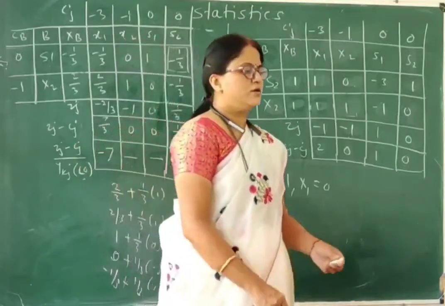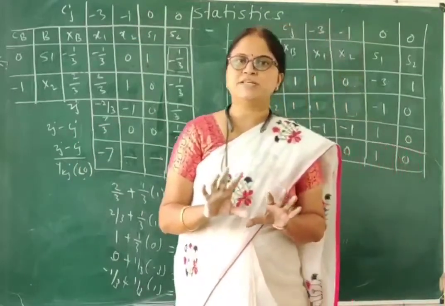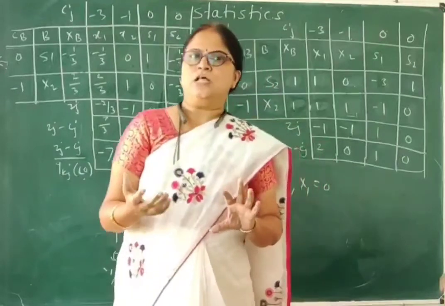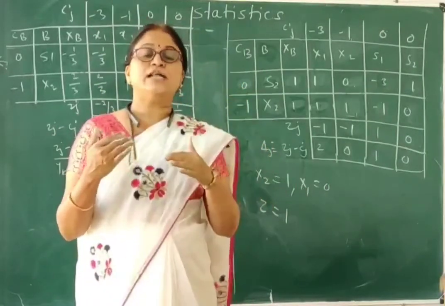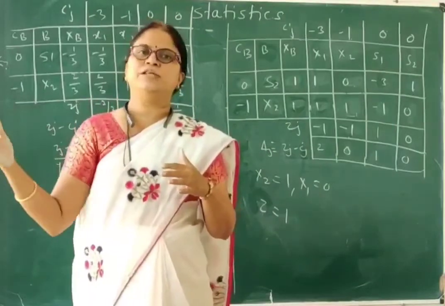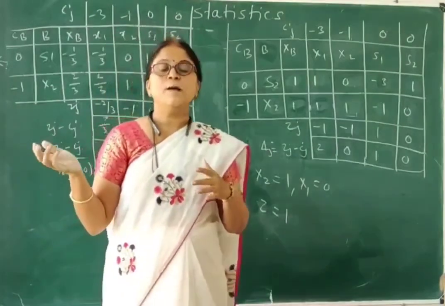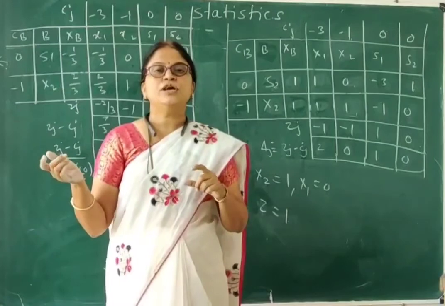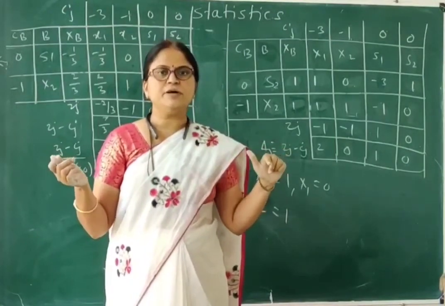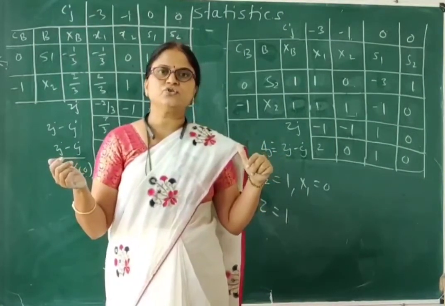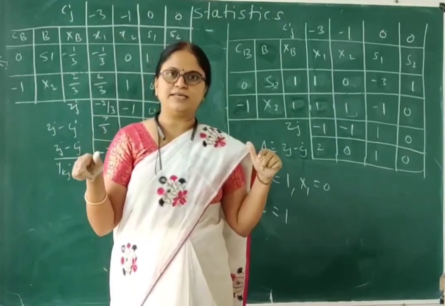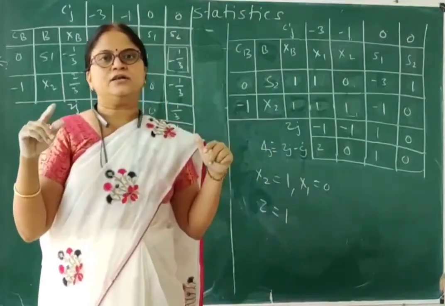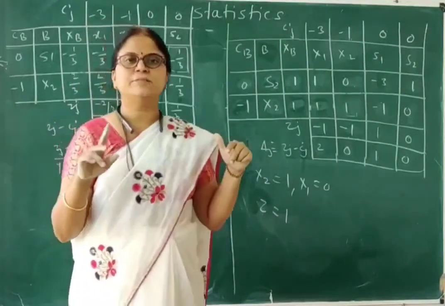So the difference between simplex method and dual simplex method is very simple. In simplex method, we first enter the variable and then the variable leaves. But in dual simplex method, we first leave the variable, then after finding the ratio, that is delta z divided by yk, we enter the variable and then we get the pure solution.